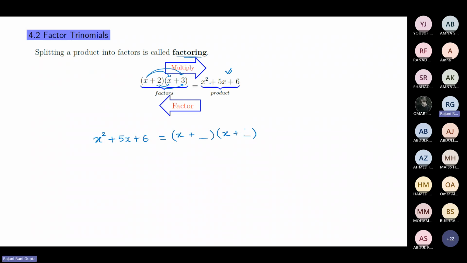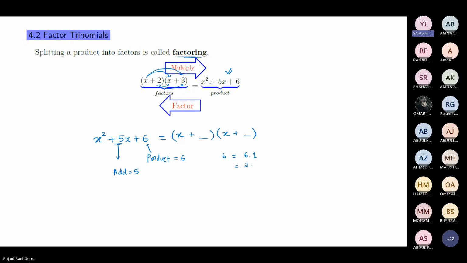So how do you find those two numbers? You are looking for two numbers whose product is 6, and when you add them, you get 5. So what are two numbers which on multiplying give you 6? 6 multiplied by 1, correct?